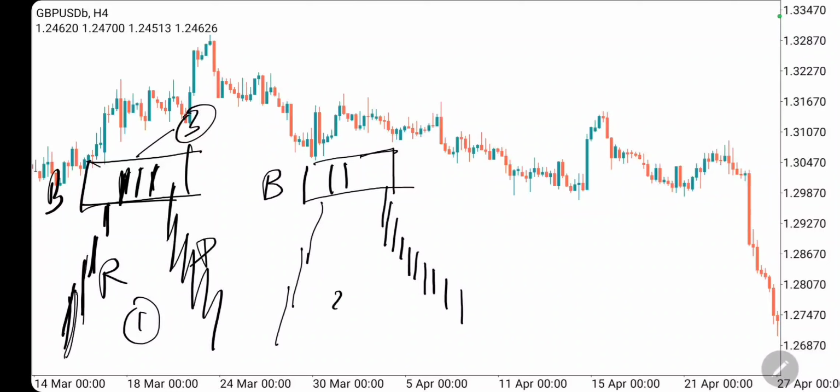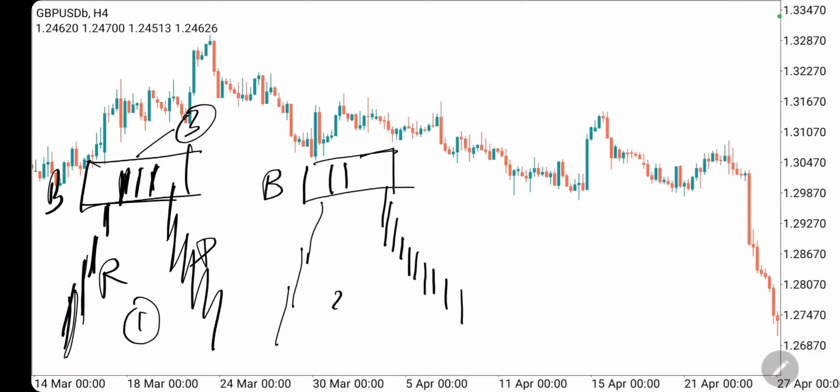Here let's assume you have 5 candles on the base. Here you have 3 candles on the base. And what about a situation whereby you come up and you have 2 candles on the base? Okay, rally base drop.